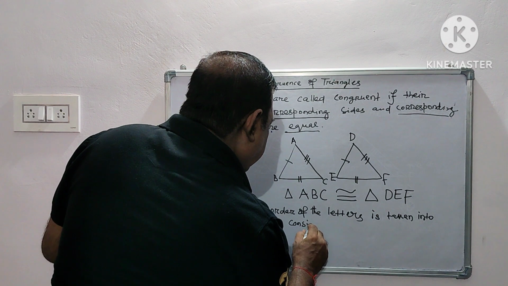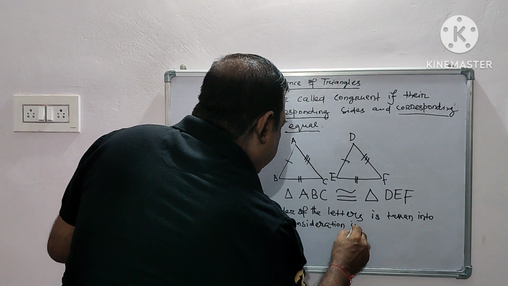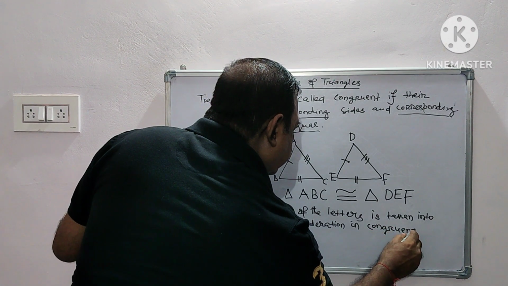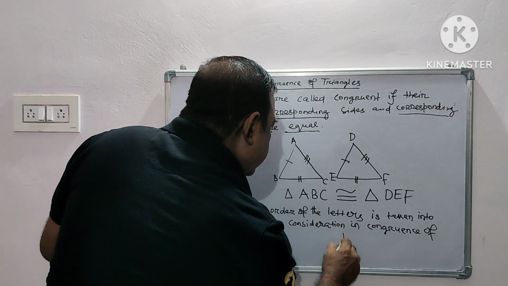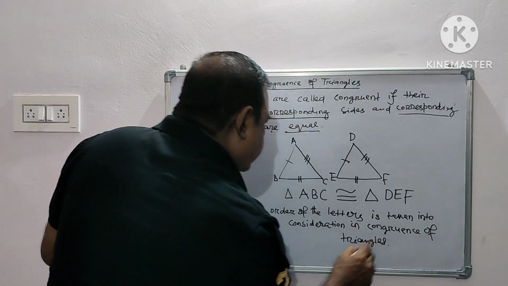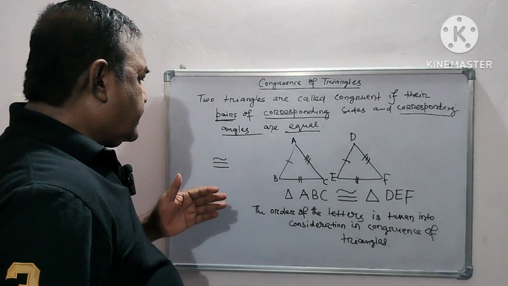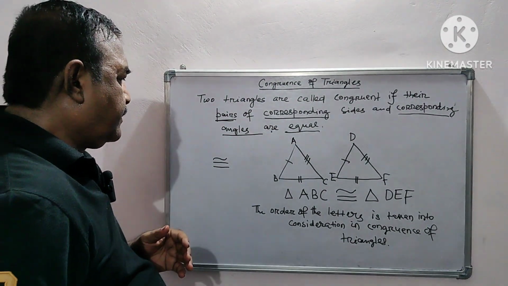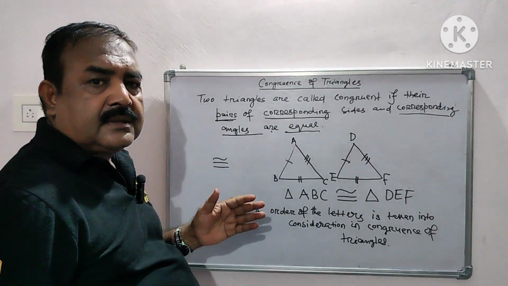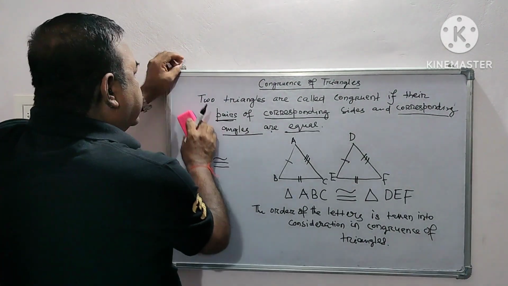It is most important in congruence of triangles. So the order of the letters is important in congruence of triangles. The order of letters is maintained. So how we will do now? I just erase it.